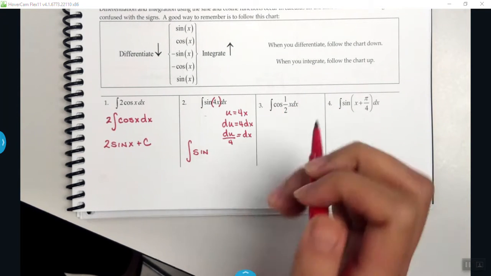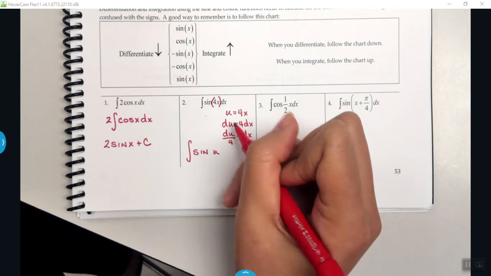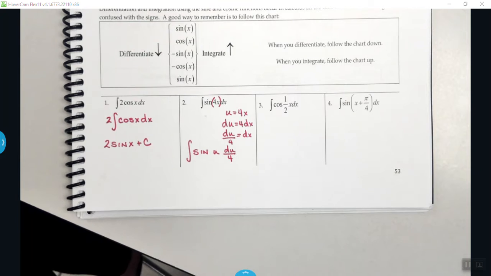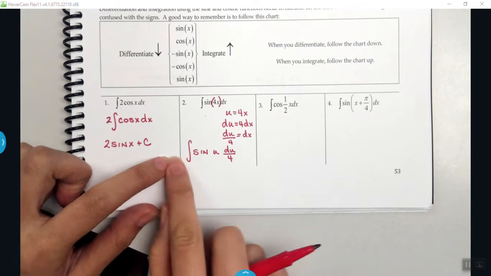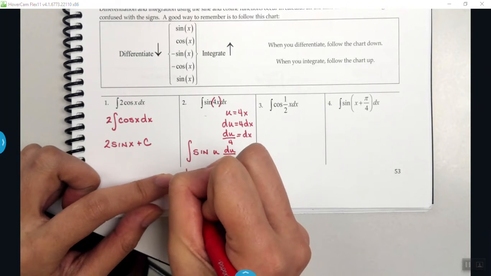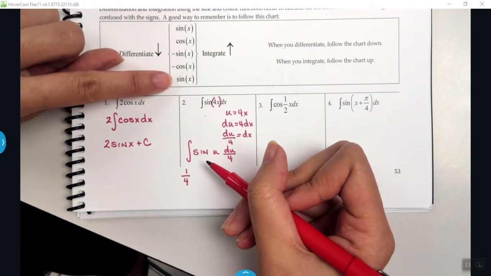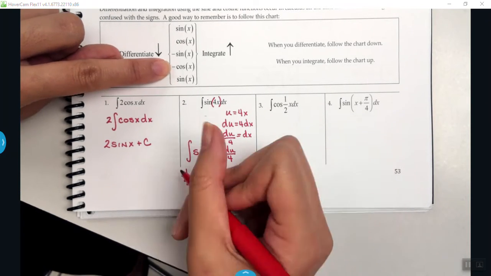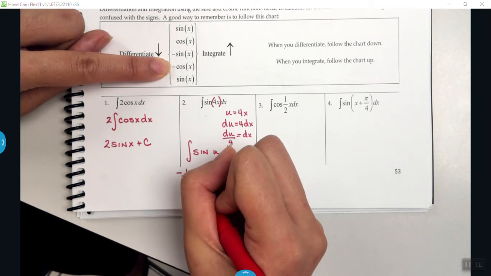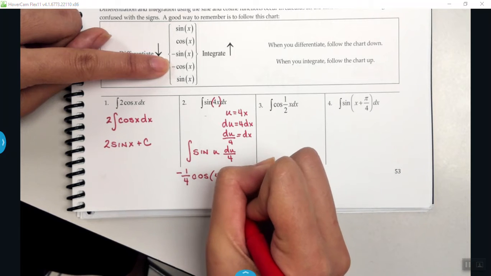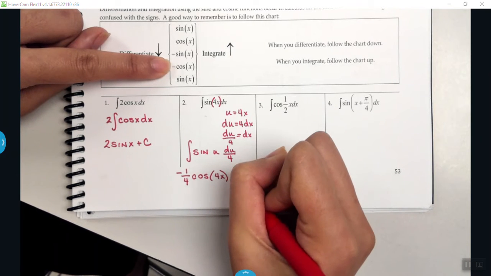So it becomes sine of u, and then dx is du over 4. Okay, so really you're pulling out a 1/4, and then you integrate sine. The integral of sine is negative cosine, so we make this a negative 1/4 cosine. We go back to x because it's an indefinite integral, and then plus c.